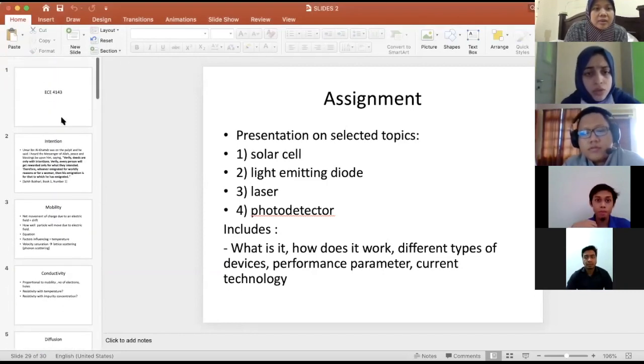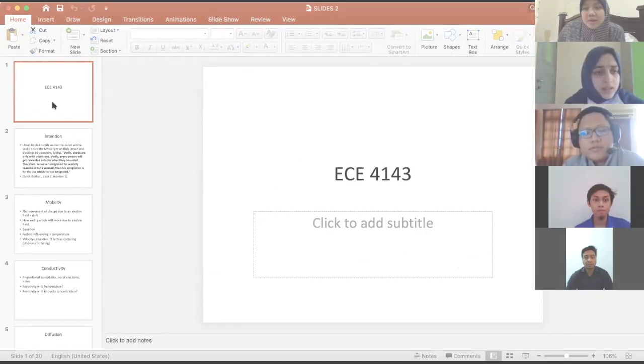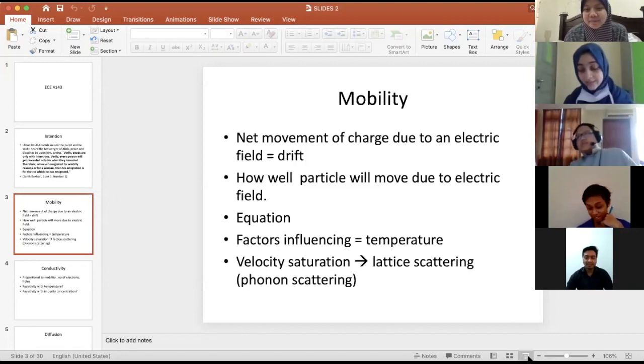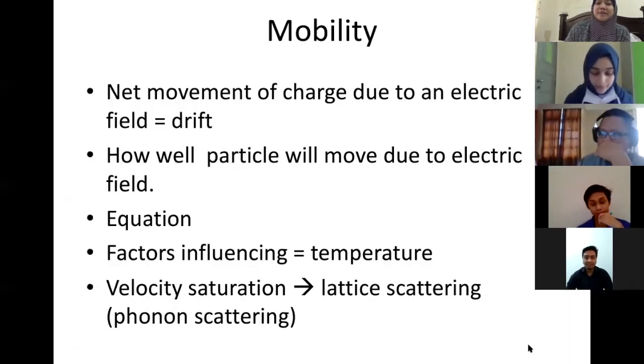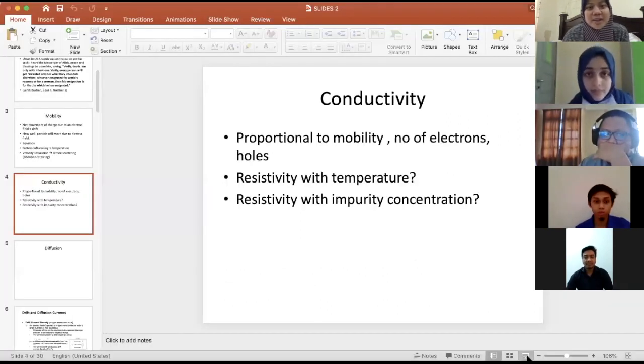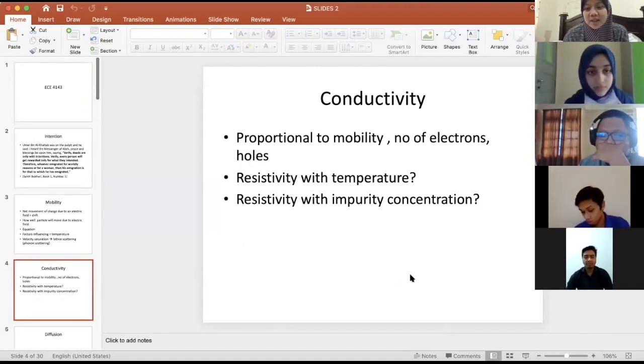Ma'am, who is having photo detector as assignment? Sorry? No, mobility. This is slide number 2, not slide number 3. Mobility is number 2. We went through this already, right?